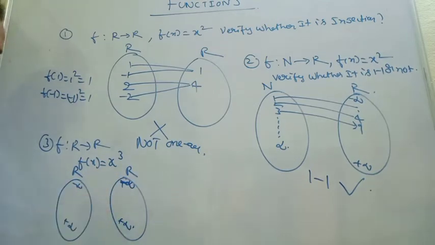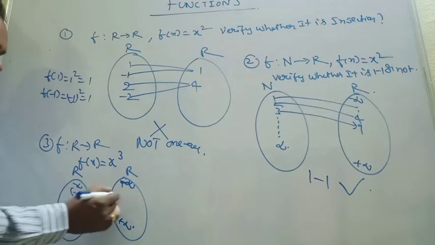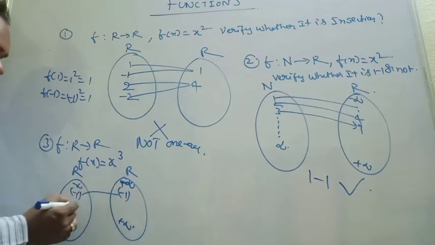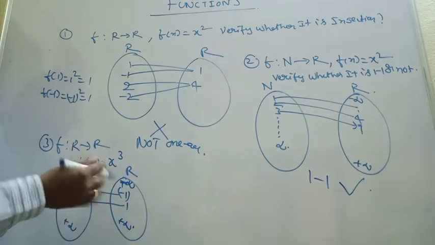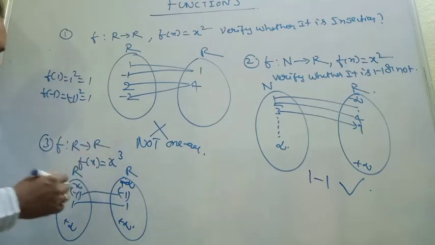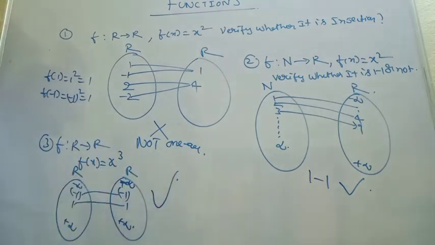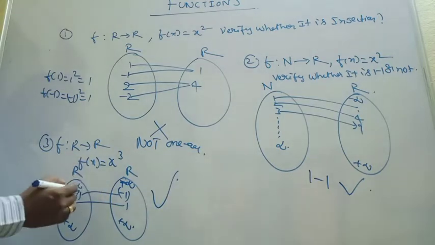Minus 1 cube becomes minus 1, and 1 cube becomes 1, like this. Now, different elements will have different images. Therefore, it is a 1 function, no doubt in it, of course. This is a different function, minus 1 cube.